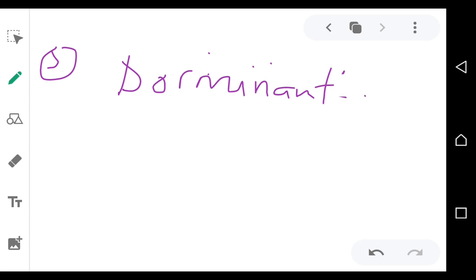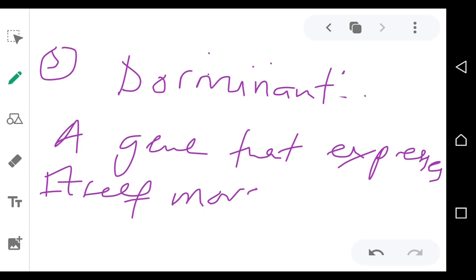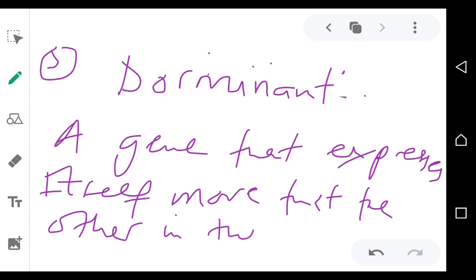Dominant means a gene that expresses itself more than the other in the phenotype. Phenotype, this is P.